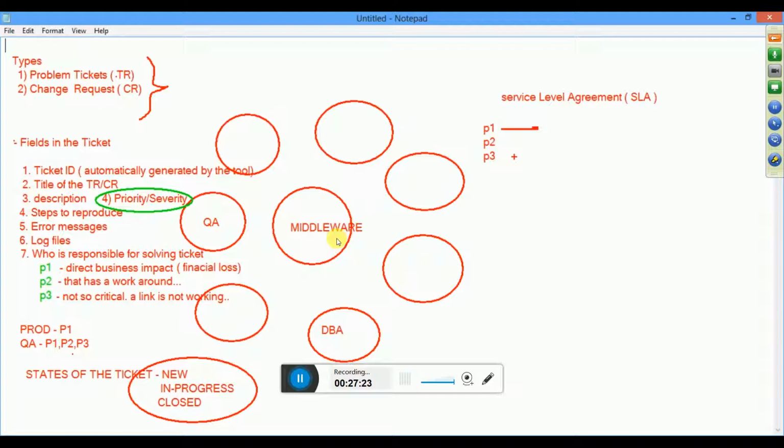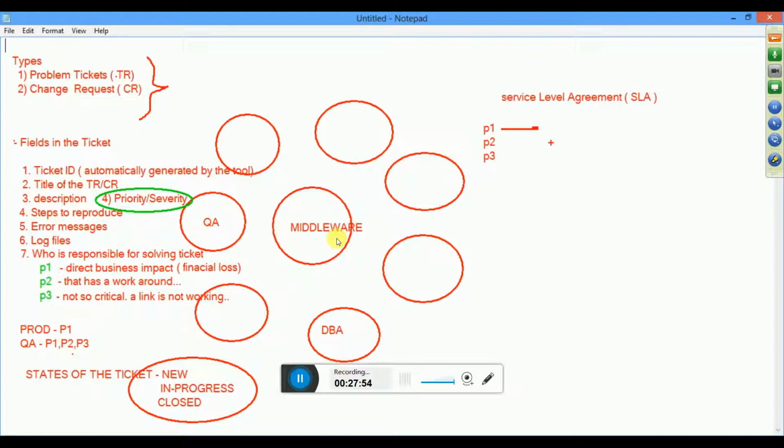Now again, let's say a QA team raised a ticket to the middleware team, and they said it's a P1 ticket.